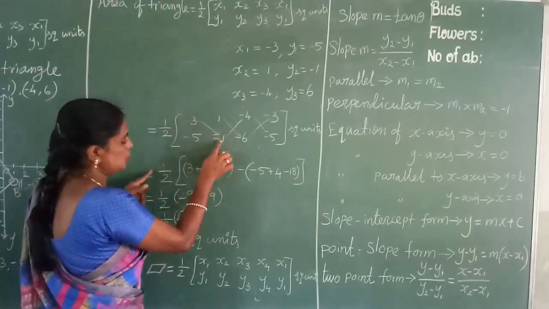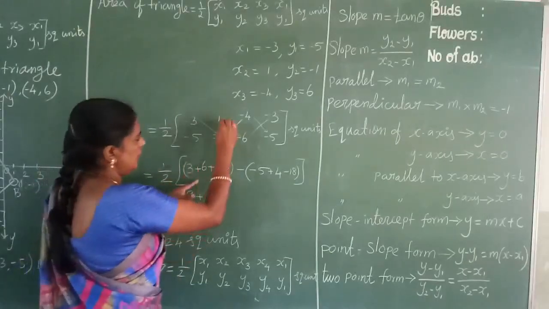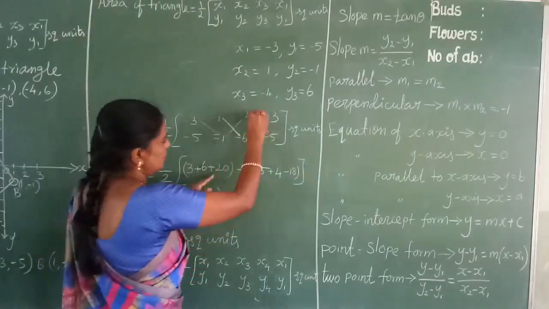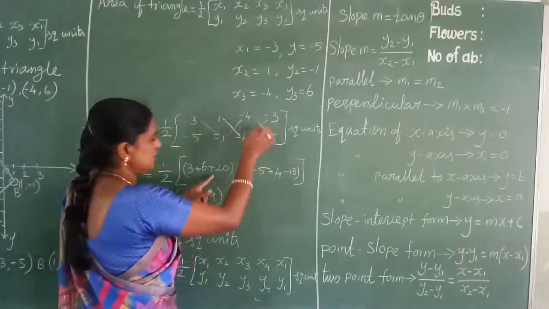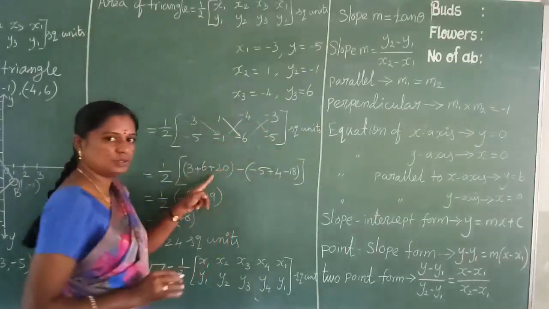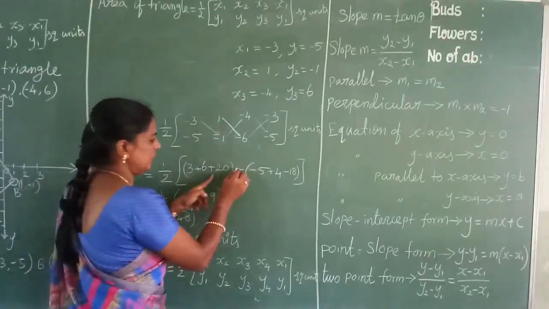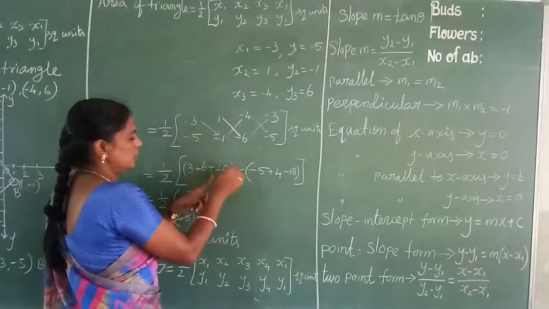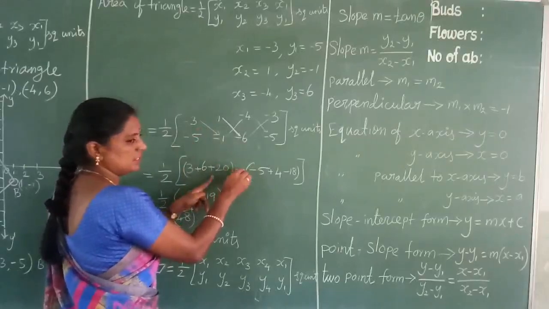Minus 3 into minus 1 is 3. And next 1 into 6 is plus 6. Minus 4 into minus 5: minus into minus is plus, 4 fives are 20. So up to down is over. Next take minus, down to up. Down to up you take minus.